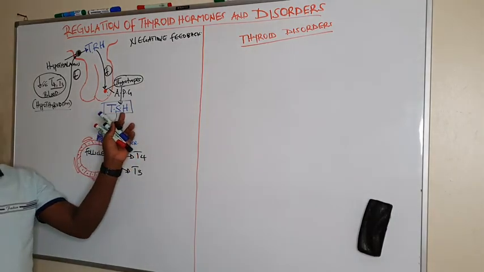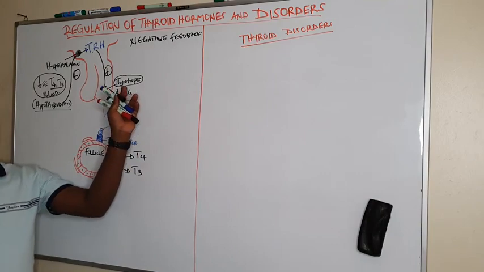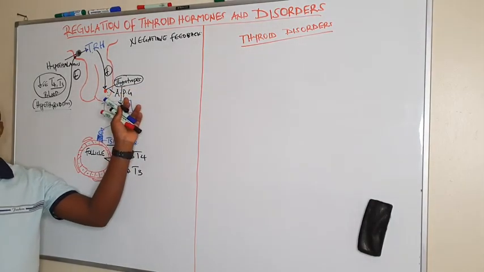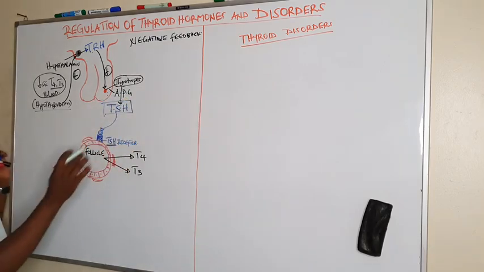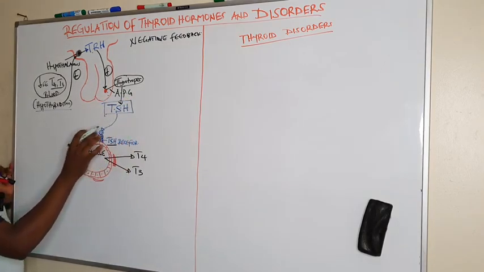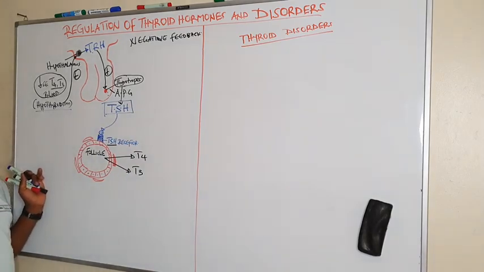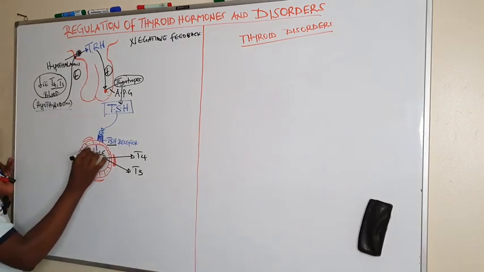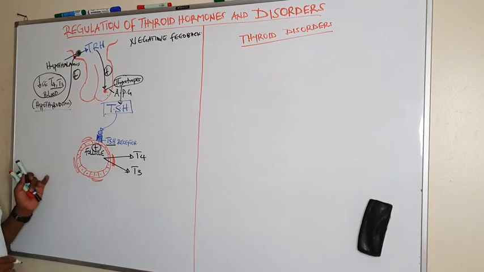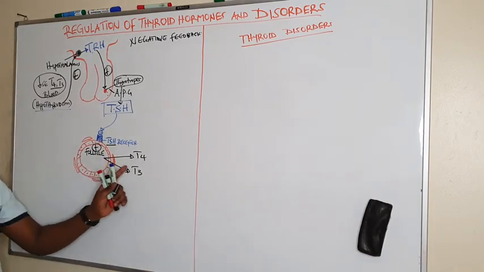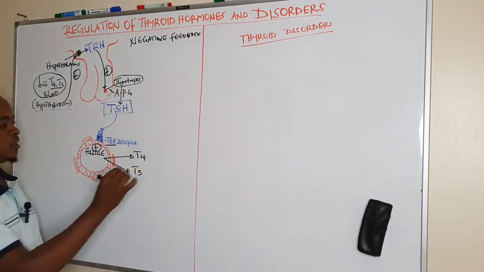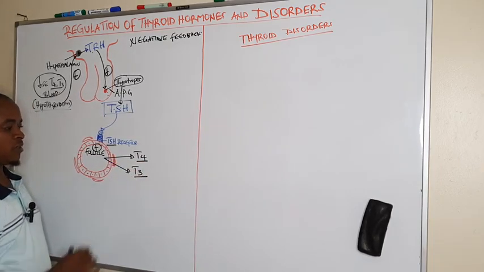After TSH is released by the thyrotropes of the anterior pituitary gland, it is transported by blood and binds on the receptors on the surface of the follicular cells of the thyroid, hence stimulating them to synthesize and secrete T4 and T3.